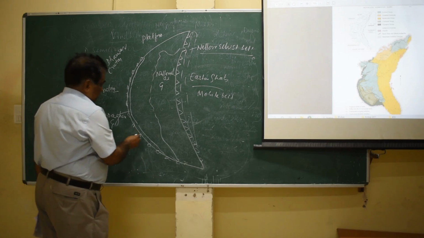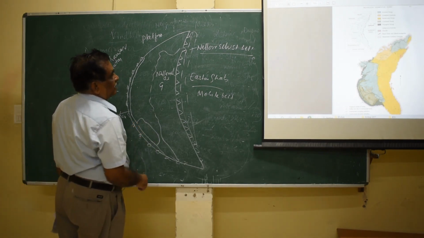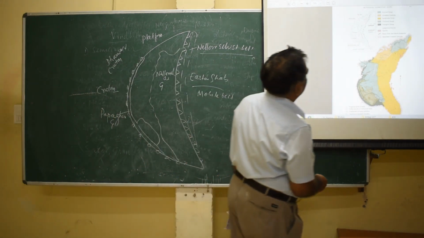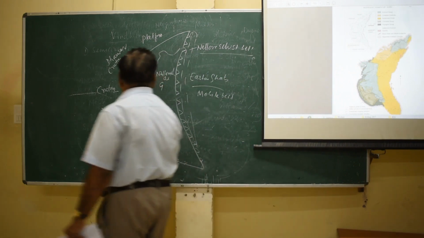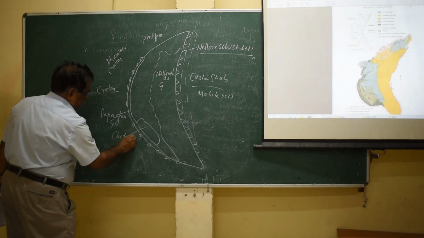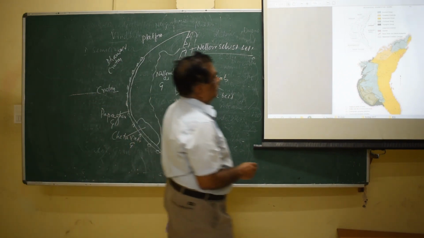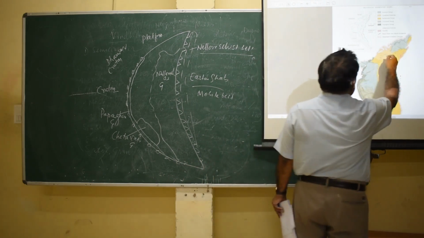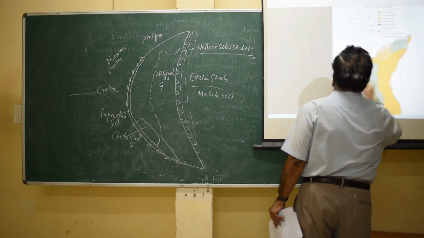The next one is here. He is placing here. So that is your Chitravati group. Chitravati group is here. Then this one, Chitravati group, Nalamalai group, Srisailam quartzite.